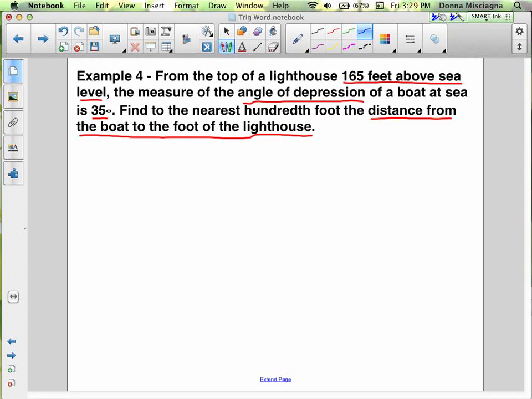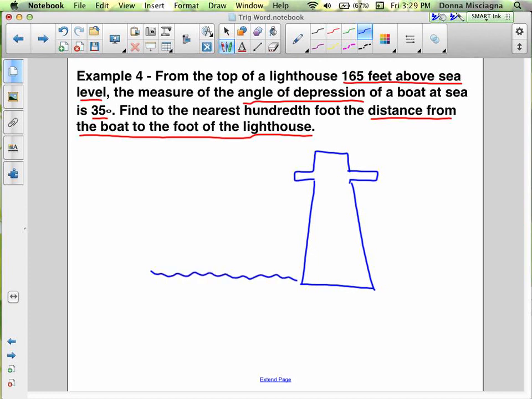So we have a lighthouse here. Right, there's my lighthouse. It's got a little light on top, maybe a little ledge so you can walk around. And lighthouses, of course, are near the water.